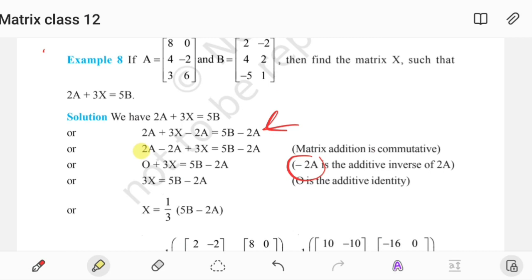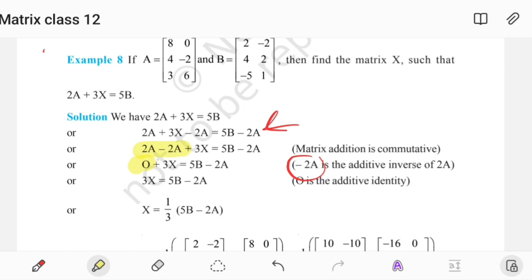So here you can see when I add 2a with minus 2a, I get 0, right? So in this way we can basically shift. Exactly, we are not shifting, but this is the way in which we show that yes, this way is also correct, as correct as the way of shifting.